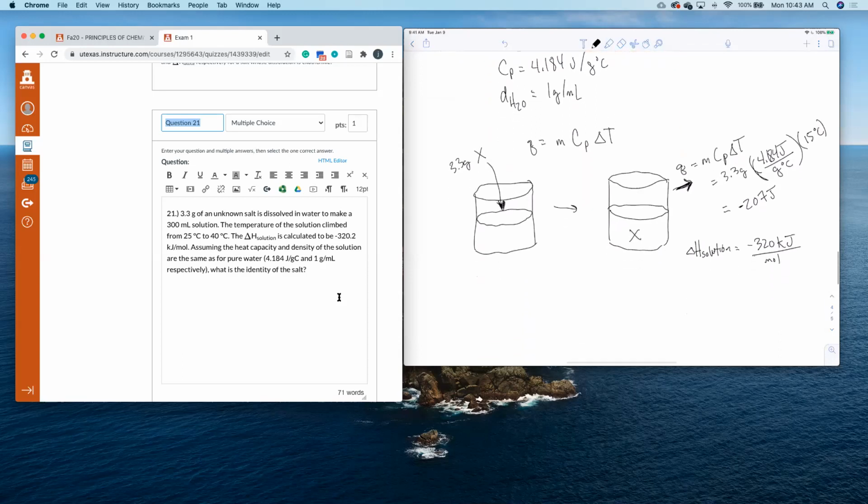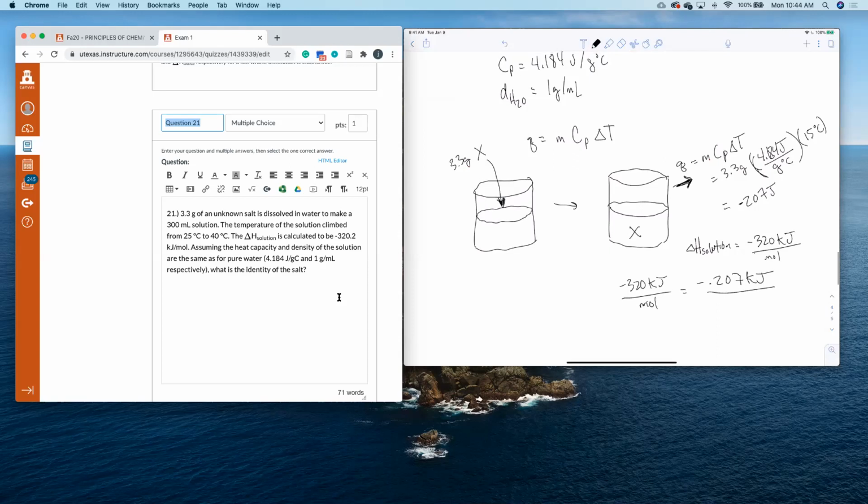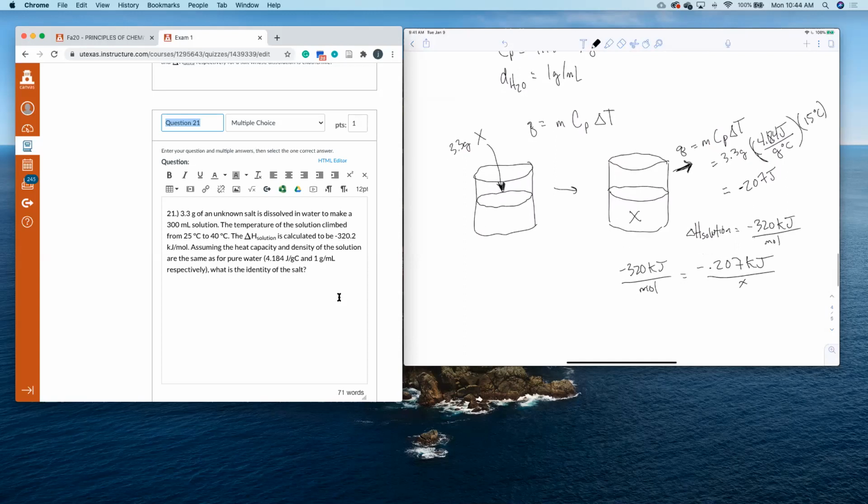Per mole. And now, since all we're ever pushing for when we're trying to figure out the molecular weight for something is moles, we know that if whatever this compound is pushes out minus 320 kilojoules of heat for 1 mole, then if it pushes out 207 joules or 0.207 kilojoules, that's going to be equal to whatever the number of moles is that's been dissolved.